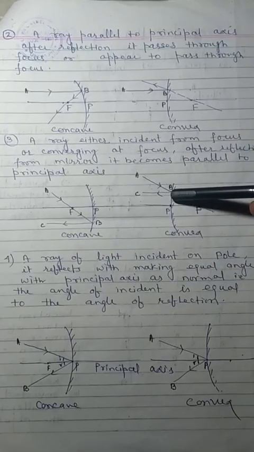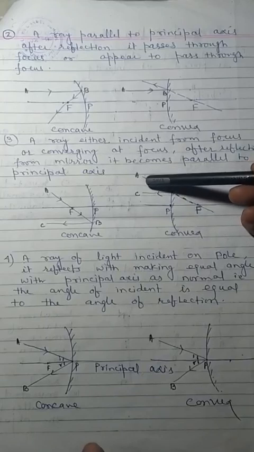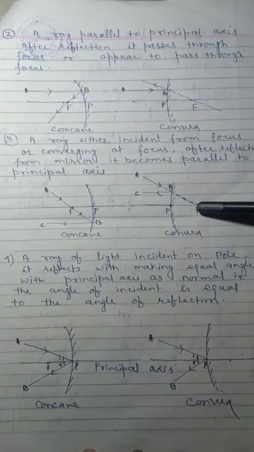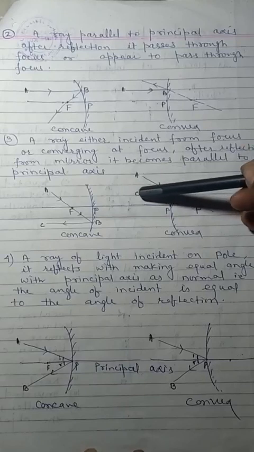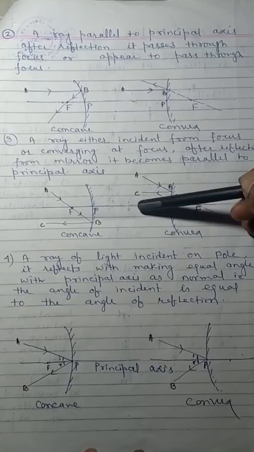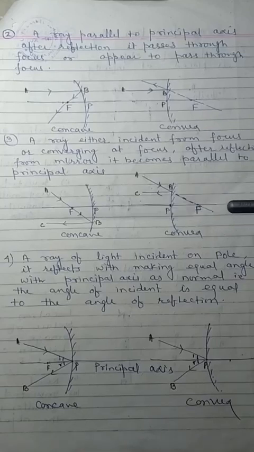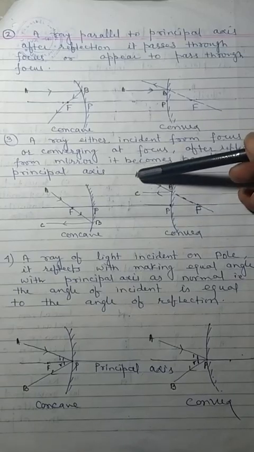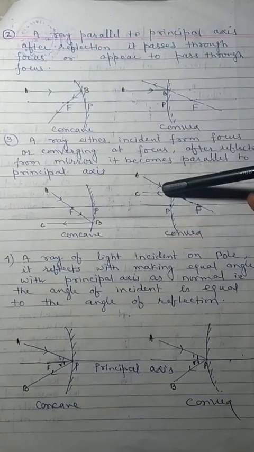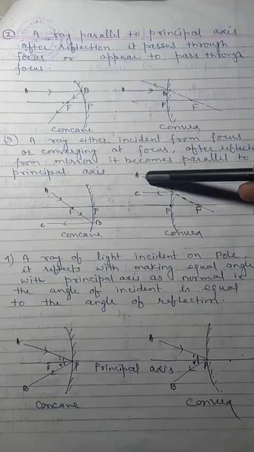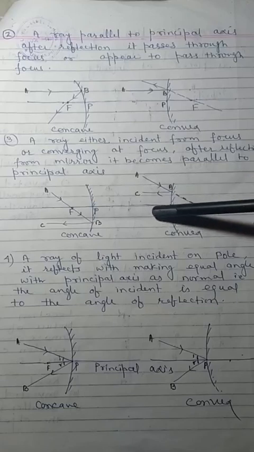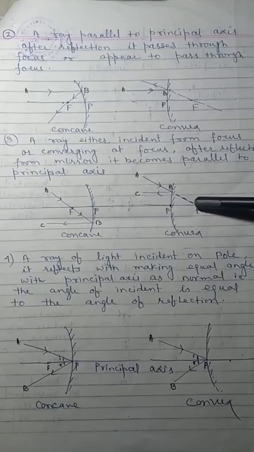See here, this ray is seen coming from focus. After reflection, it becomes parallel to principal axis. So in convex mirror, a ray that appears to come from focus, after reflection, becomes parallel to principal axis.